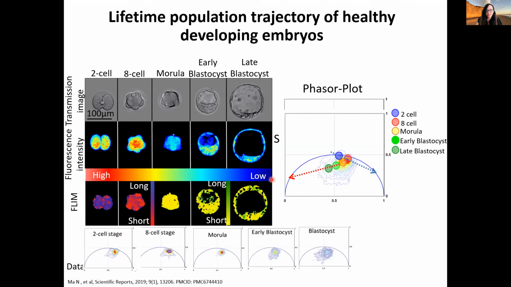Now there is a switch between the 8-cell to morula stage here, and you can see that the lifetime starts to shift down towards the center of the phasor plot. And as the embryo goes into the late blastocyst stage, we see that the signature is more or less in the center, where we see all the rest of the NADH lifetimes that is typical in all of the differentiated cells that we've looked at, so endothelial, epithelial cells, and so forth.